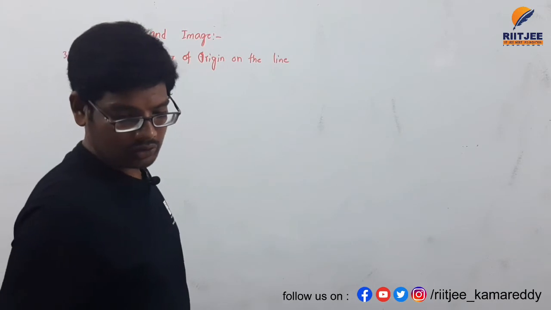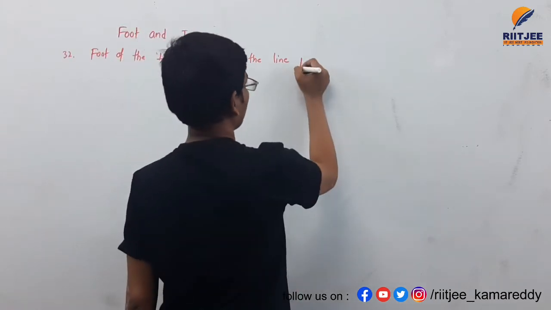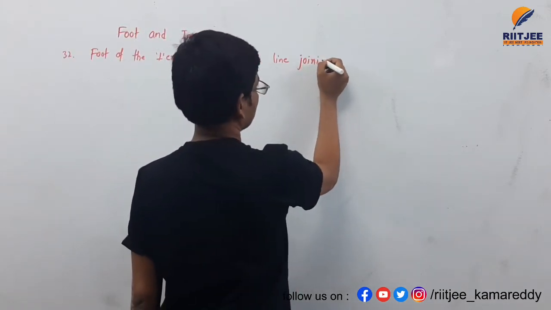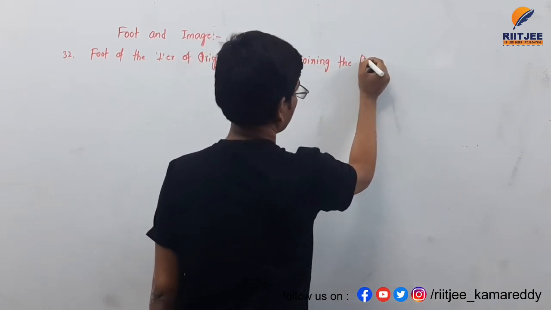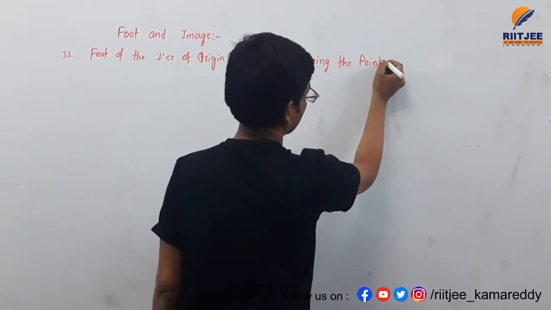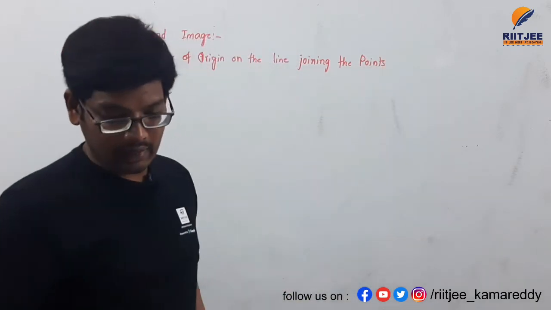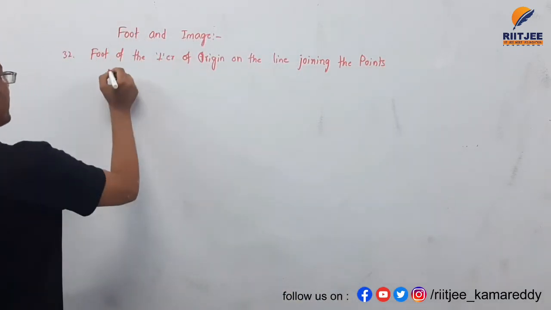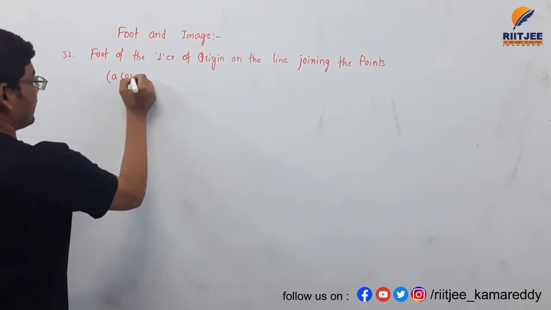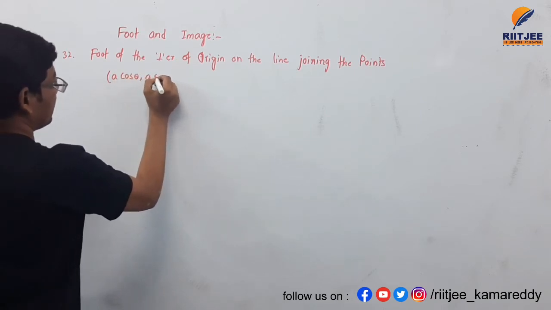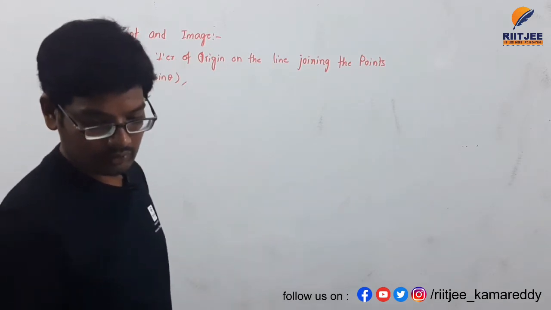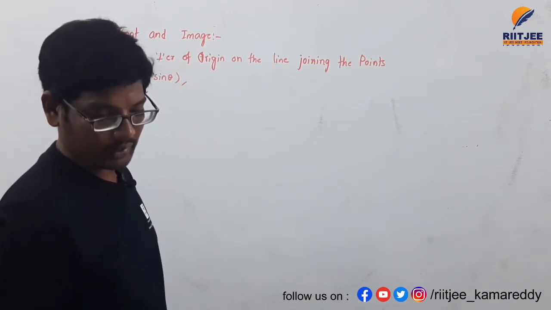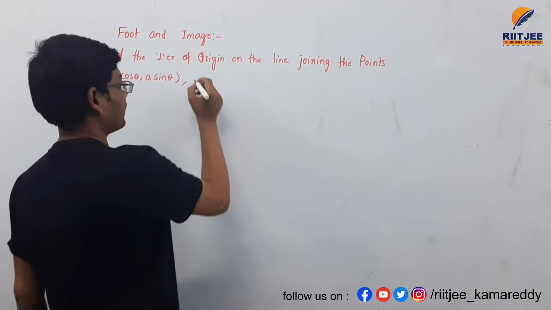On the line joining the points A cos theta, A sin theta, the first point, and the next point A cos phi, A sin phi.